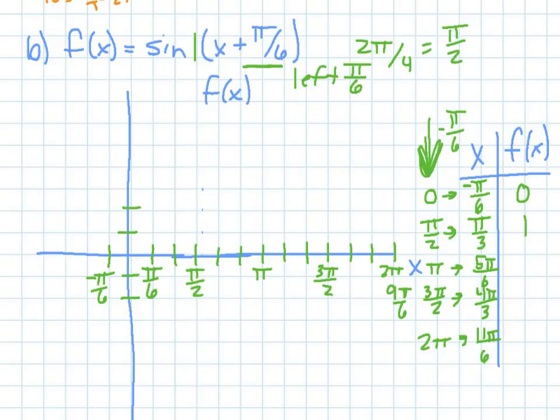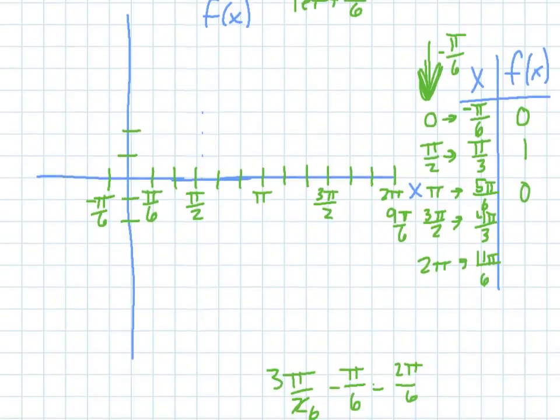Then I plug in a pi, or 5 pi over 6. So 5 pi over 6 plus pi over 6 gives me 6 pi over 6, which is pi. So sine of pi is 0. Then plugging in 4 pi over 3 plus pi over 6. Remember, 4 pi over 3 is the same thing as 8 pi over 6 if you're making common denominators.